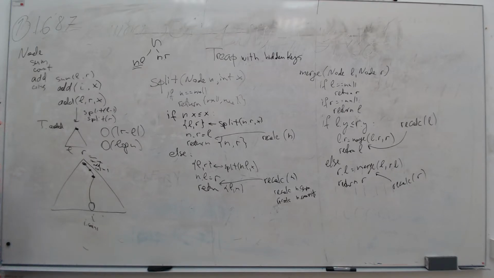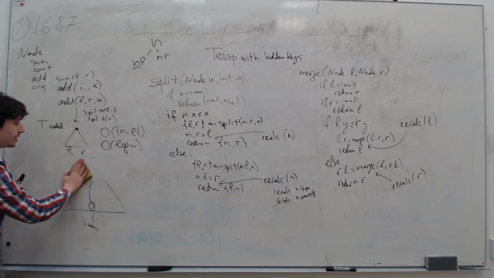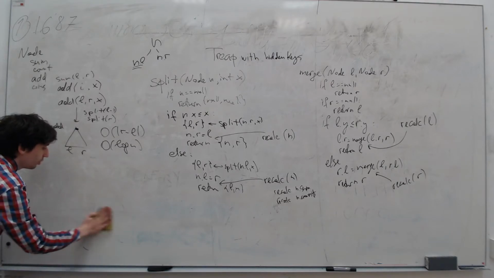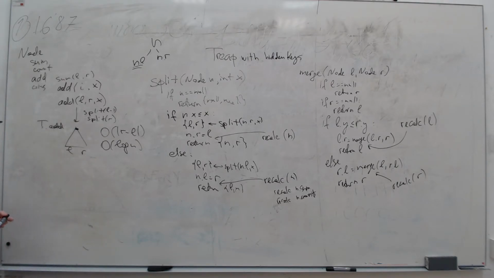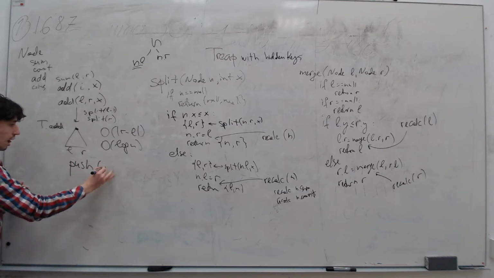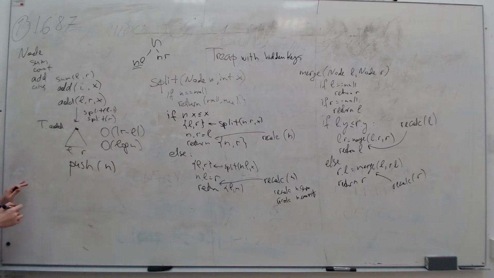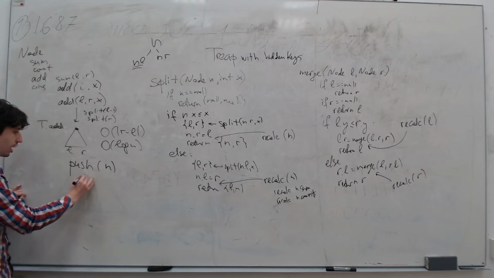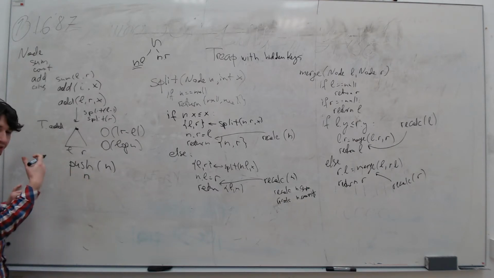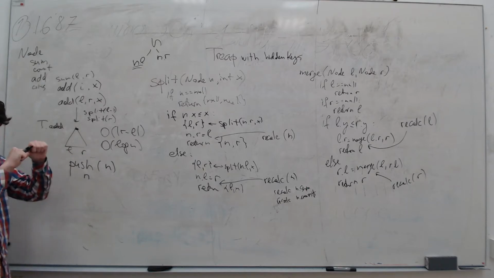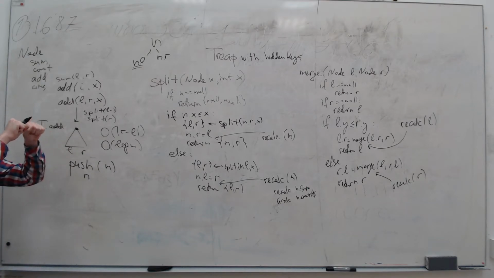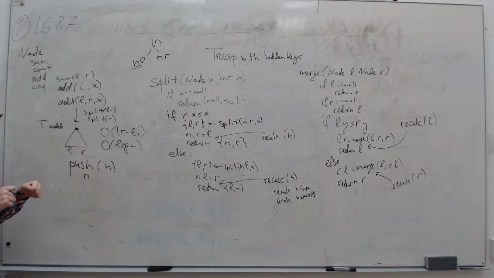Then each time we visit a node, we will make the push function, push n. We apply this add operation: when we visit the node, we push this operation to its children.